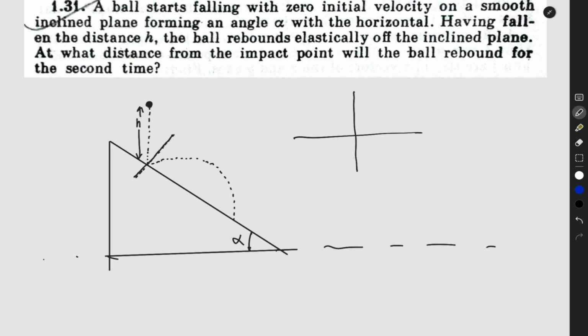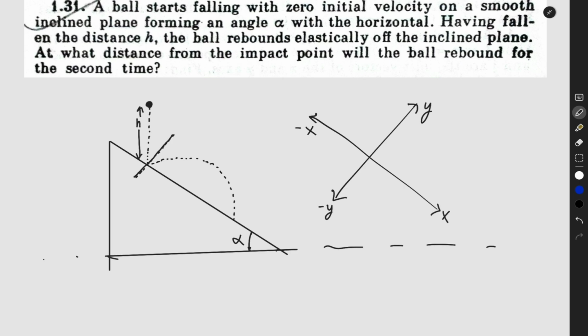But because everything's taking place in an inclined manner, why not just take my axis inclined at an angle of alpha with the horizontal. So from now on, our axis is actually this. So this is y, this is minus y, this is x, and this is minus x. And this makes an angle of alpha with the horizontal.